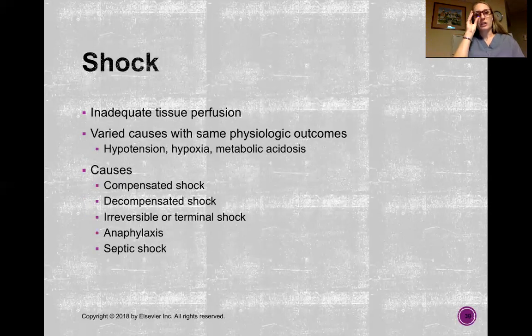Shock in children is going to be the same as shock in adults. So we're looking at inadequate tissue perfusion, and there's a variety of different causes of shock. We might have hypotension, hypoxia, metabolic acidosis, and then you can see the list of different causes of various shocks. And shock is essentially circulatory failure. Cardiovascular is the perfect time to stop being able to say the word circulatory, right?